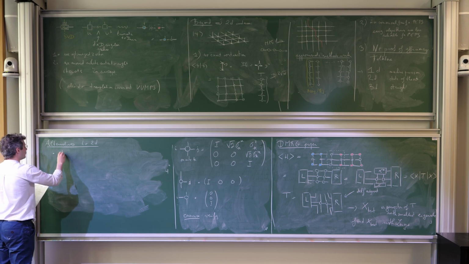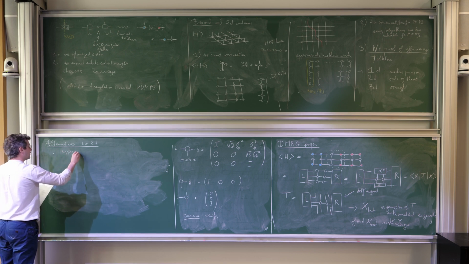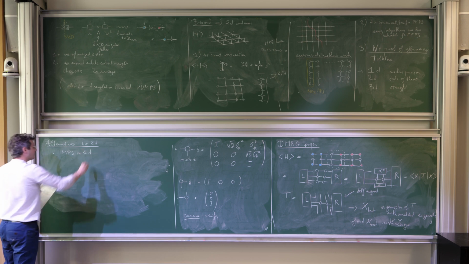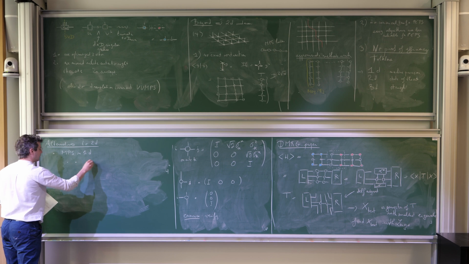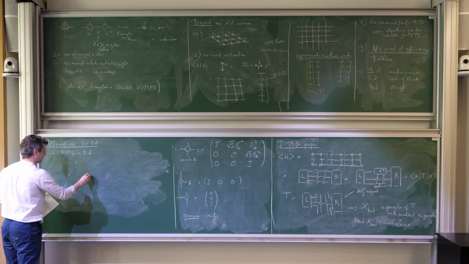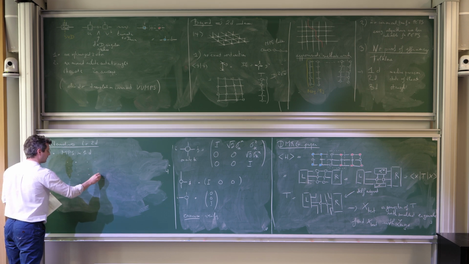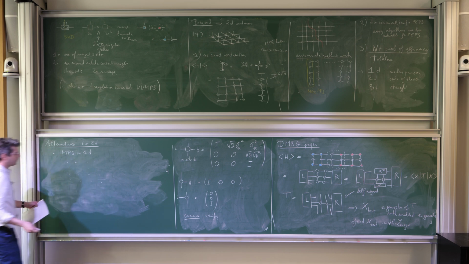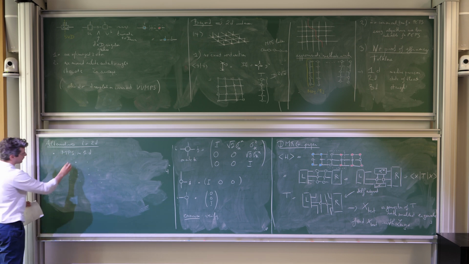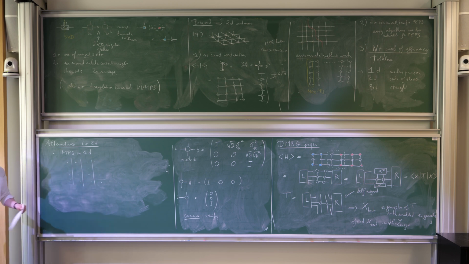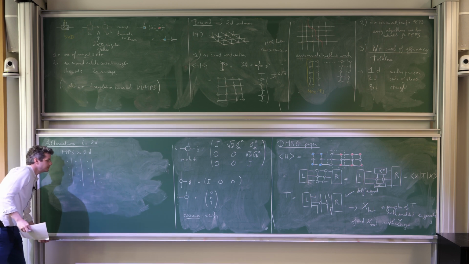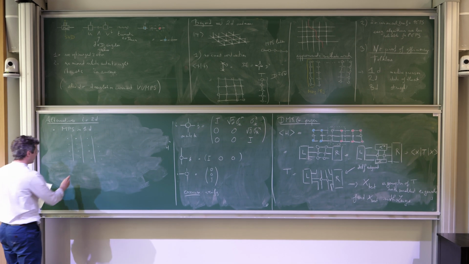So what you can do is just do an MPS in 1D for your 2D problem. So let's say you have a lattice, like this. What you can do is just group the sites vertically and build an MPS like this.